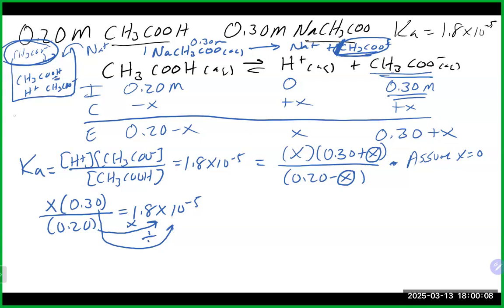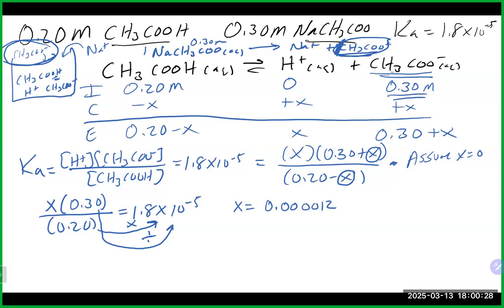So multiplying 0.2 times 1.8 times 10 to the minus 5, then we're going to divide it by 0.3. That is going to get us an X value here of 0.000012. First off, any questions on that so far?